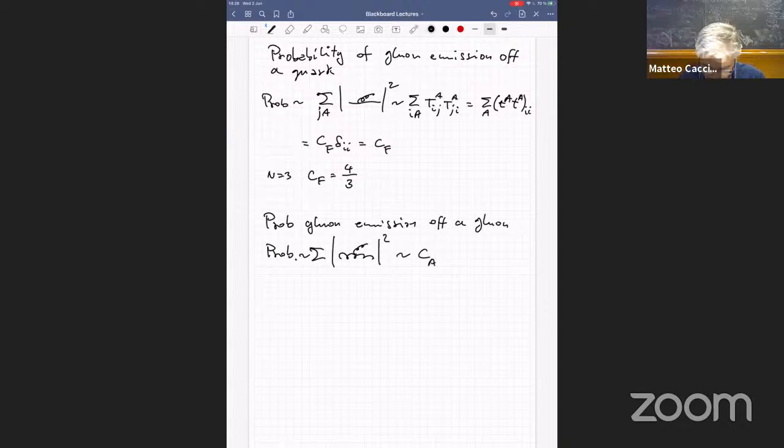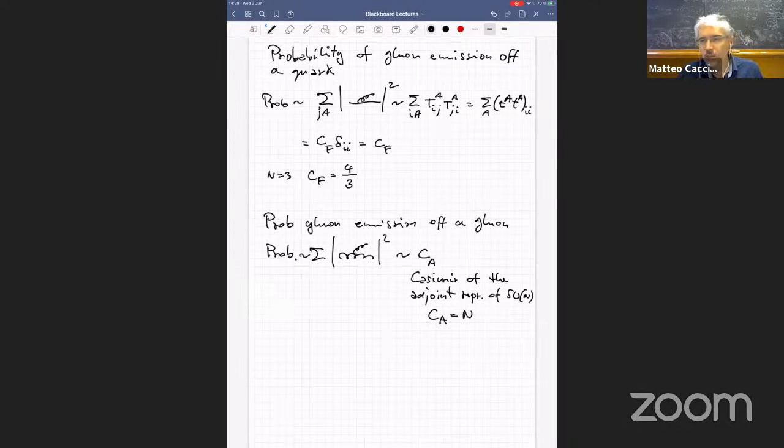What is C_A? Well, C_A is the Casimir of the adjoint representation. The calculation is a bit longer, so I'm not actually doing it. It is given in Peskin, for instance, and in many quantum field theory books. I did the calculation for C_F. I'm not doing the one for C_A, but the idea is roughly the same. So C_A is equal to N.